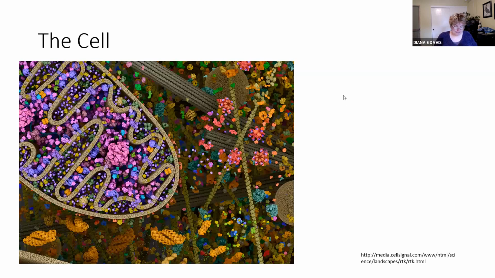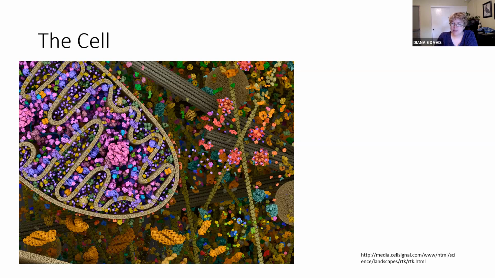All right. The cell. Have I shown you one of these pictures before? I know I've shown it to some classes this semester. If I haven't shown it to you guys, this is a false color electron microscope picture of the inside of a cell.